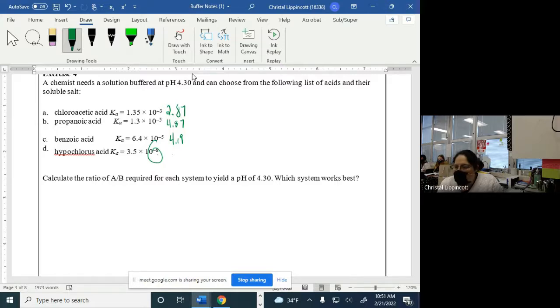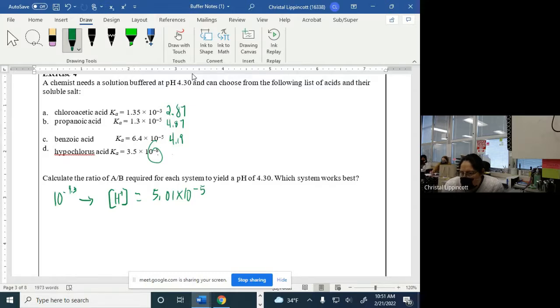All right. If I take 10 to the negative 4.3, that is going to tell me what H plus concentration I want. So my H plus concentration here is going to be 5.01 times 10 to the minus 5.